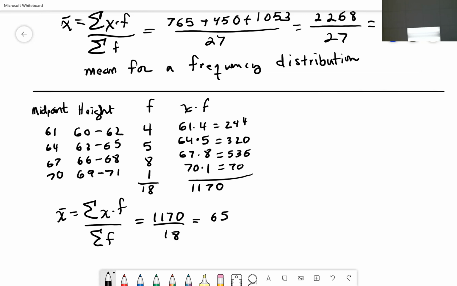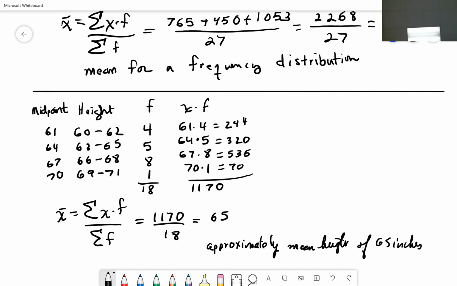The mean height is 65. You wouldn't say is, you would say approximately. So in reality, you would say approximately a mean height of 65 inches.